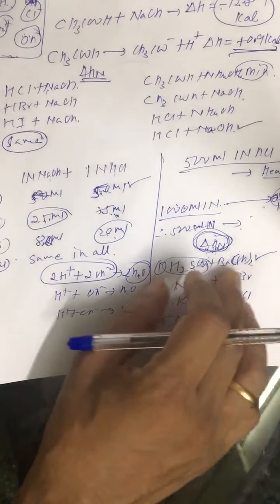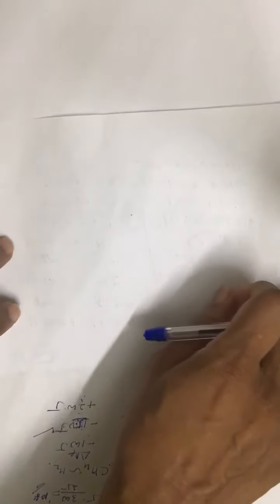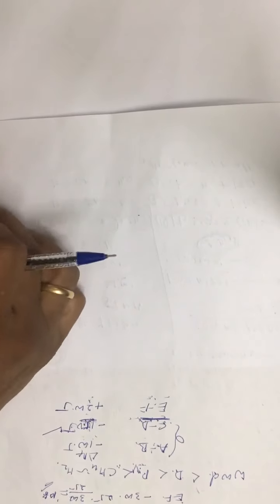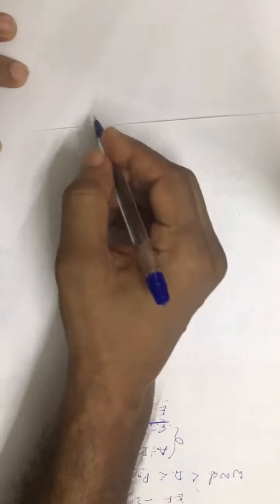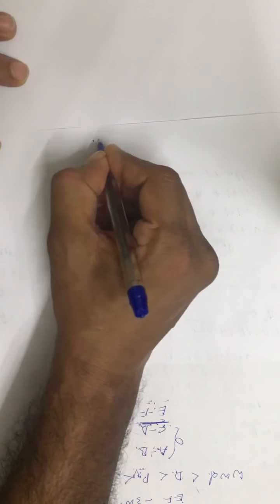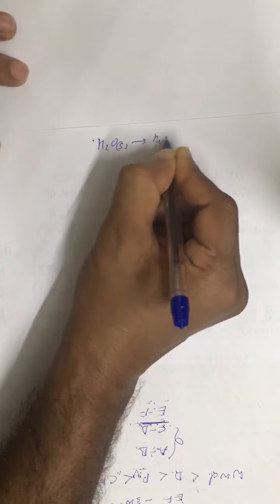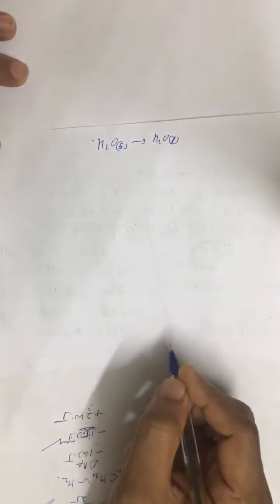So we have different enthalpies. There are so many enthalpies, but these three are the most important: delta HF, delta HC and delta HN. Rest of the enthalpies, there can be any number of them, and if you know the process, you can write it. H2O solid converted to H2O liquid: what is this process?